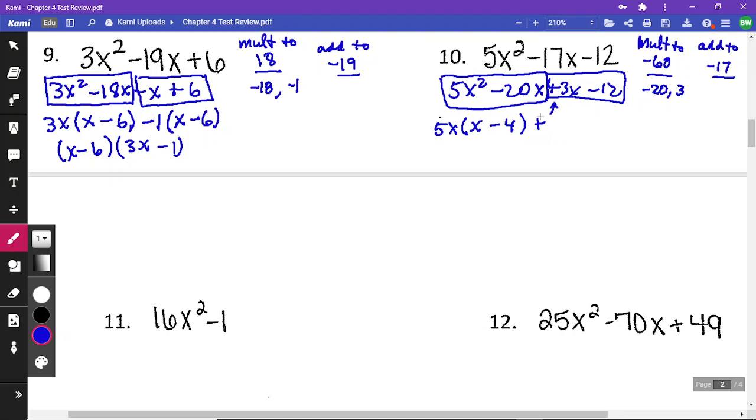Okay, what's going on here? Okay, Cami has quit working. It's not letting me draw this. I will get it though.